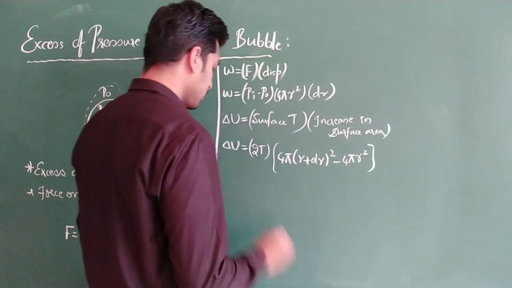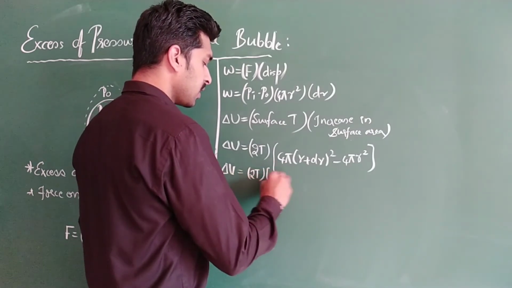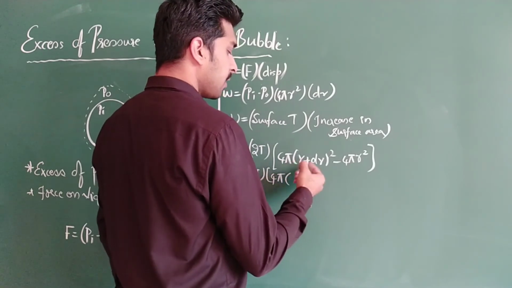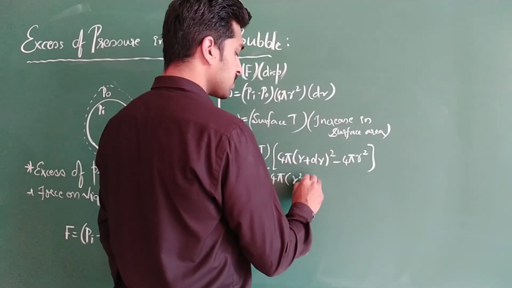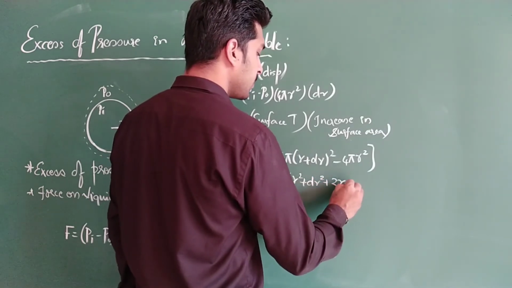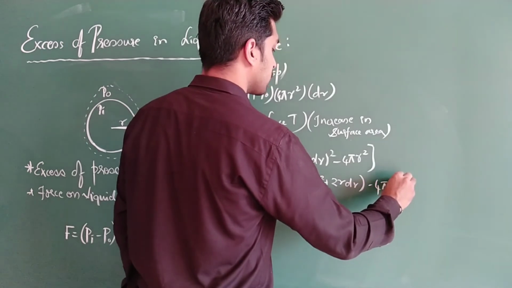Now it's your step. Delta U is equal to 2T into bracket, 4 pi as it is, (A plus B) whole square, A square plus B square plus 2AB, minus 4 pi R square.